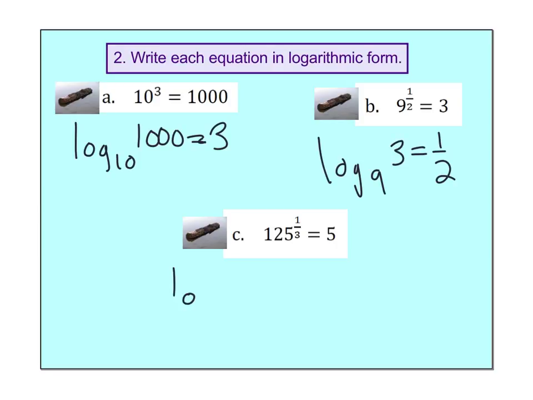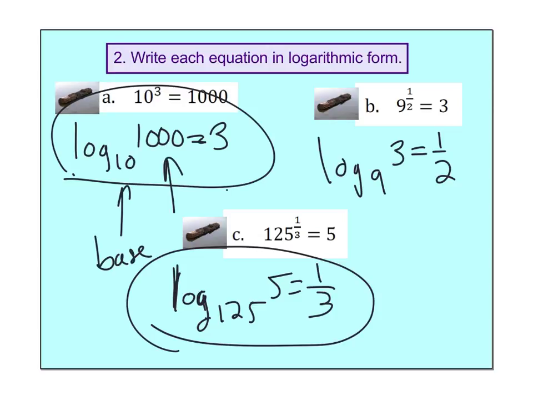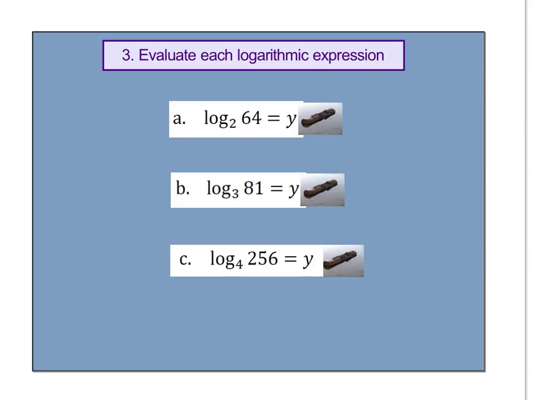And this says log base 125 of 5 is 1/3. So that would be logarithmic form. Here you've got the base, you've got the answer, and this is your exponent. They work backwards with exponentials.